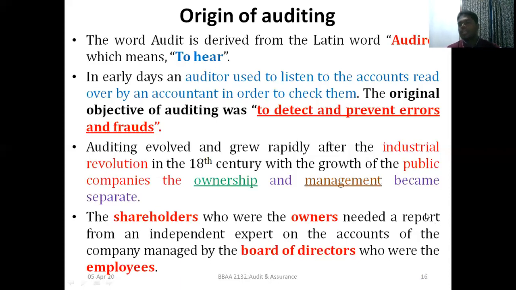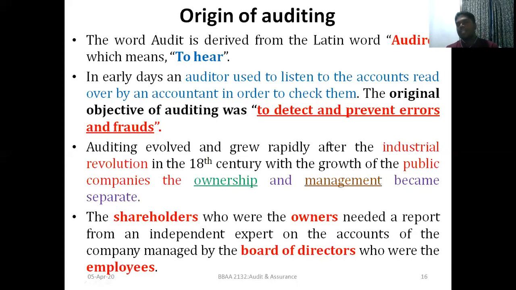Report means the owners or shareholders expect an audit report. That's the key point. They need an audit report from an independent expert, the auditor, on the accounts of the company managed by the board of directors, who are employees, because employees receive a salary.